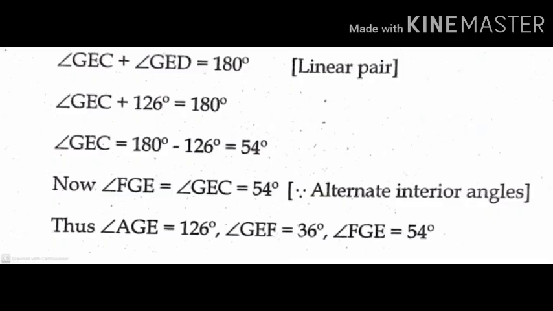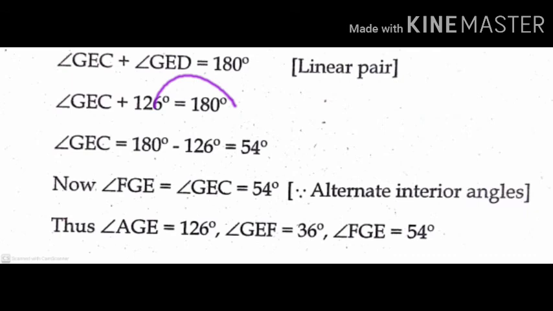Next step, angle GEC plus angle GED is equal to 180 degrees, since linear pair. Next step, angle GEC plus substitute angle GED value, that is 126 degrees, is equal to 180 degrees. Next step, angle GEC is equal to 180 degrees.